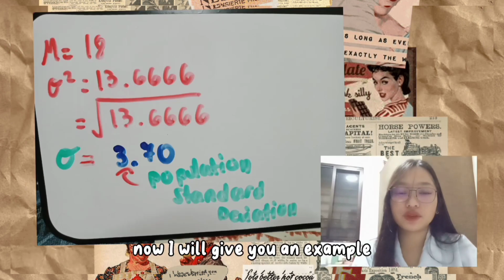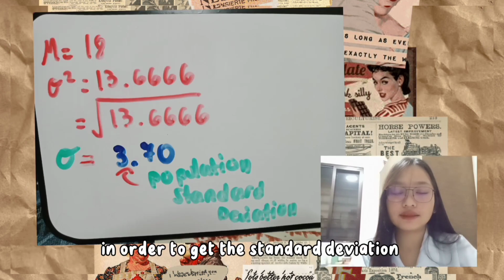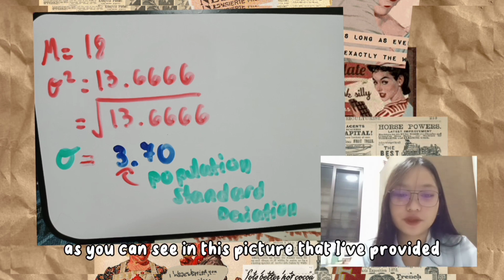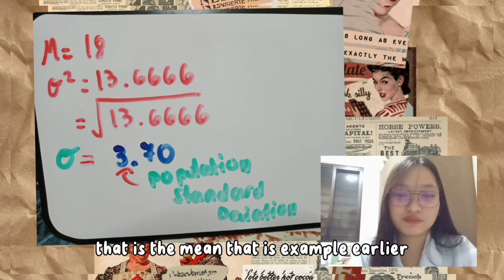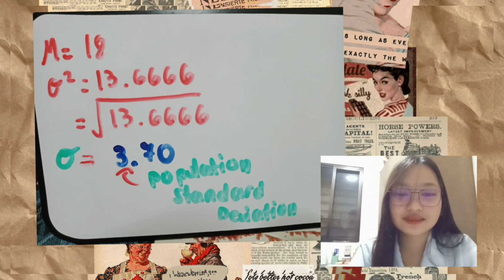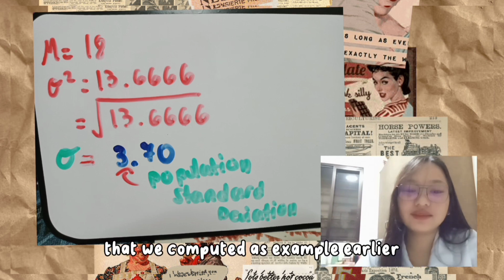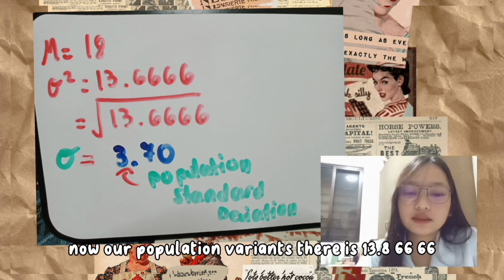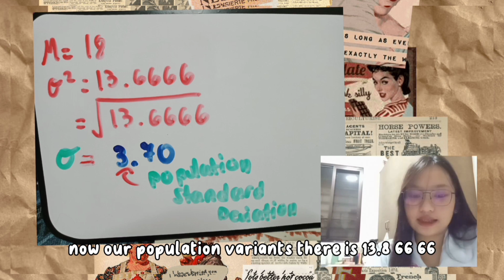Now I will give you an example in order to get the standard deviation. As you can see in this picture that I've provided, that is the example earlier that we computed. As in the example earlier, our mean there is 18. Now our population variance there is 13.6666.